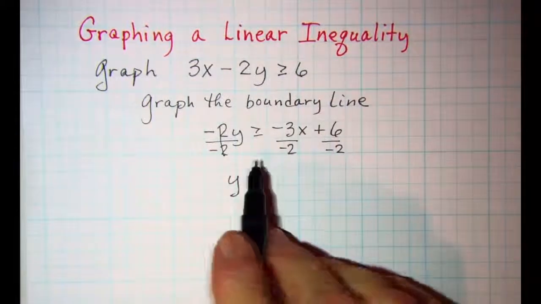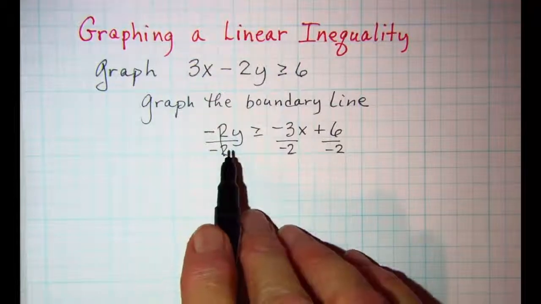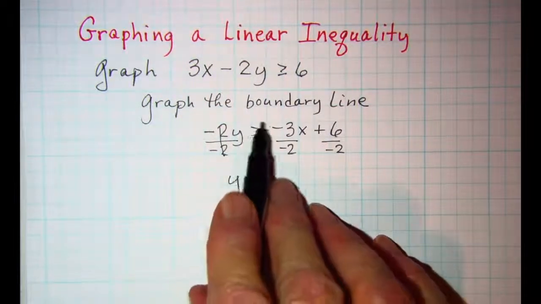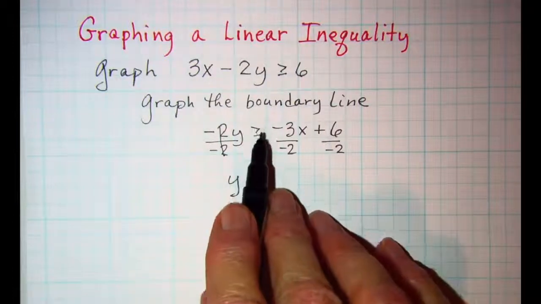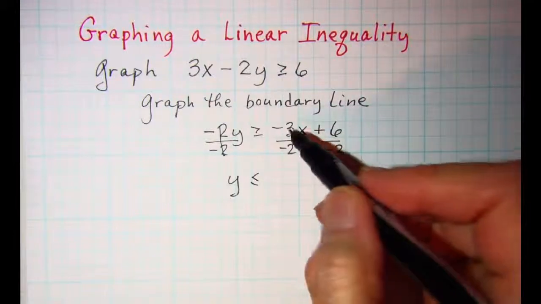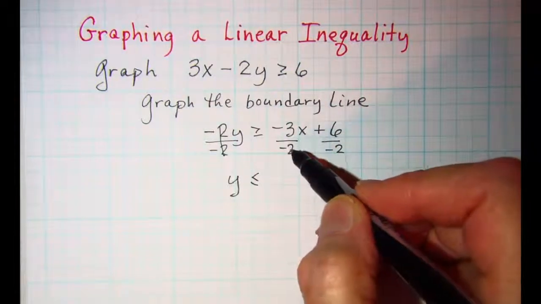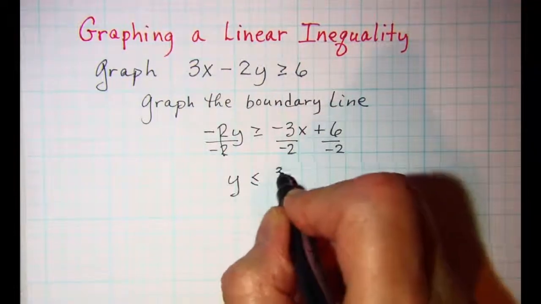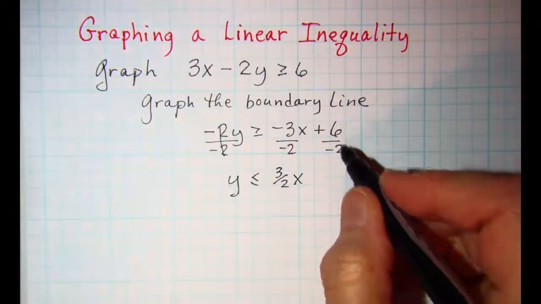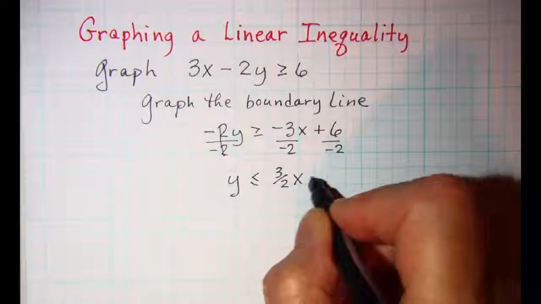Now remember, when you divide or multiply an inequality by a negative number, you have to switch the direction of the inequality. So we now have less than or equal to. A -3 divided by a -2 is a +3/2. And then 6 divided by -2 is -3.